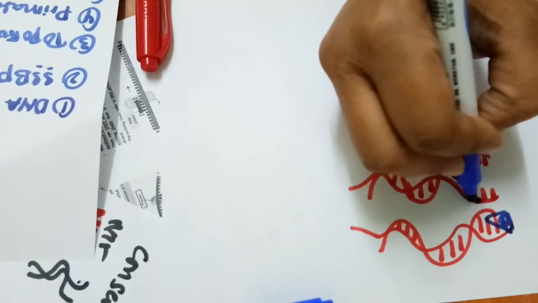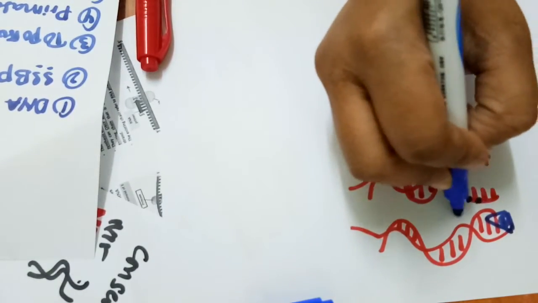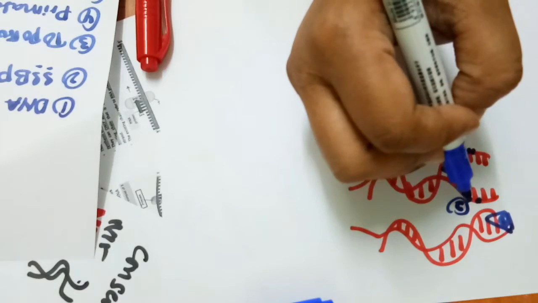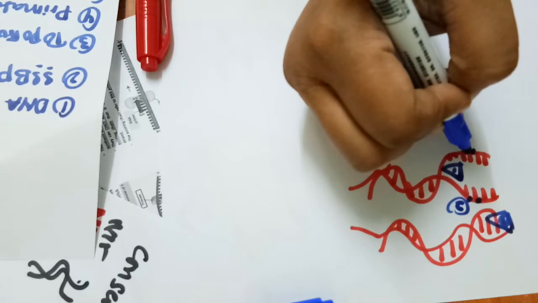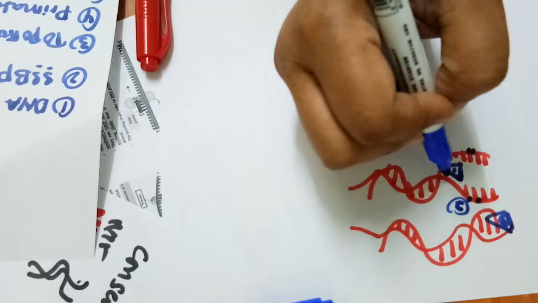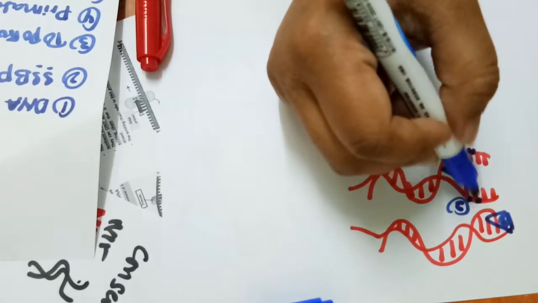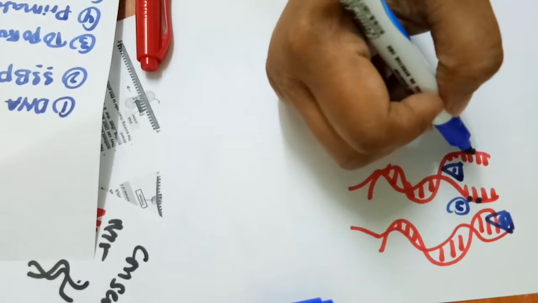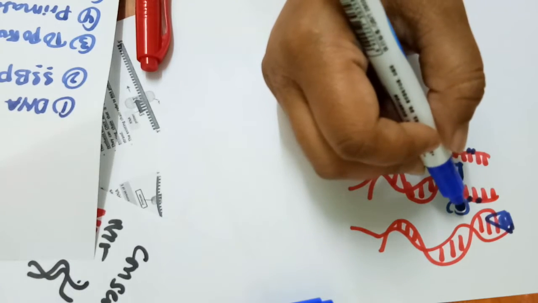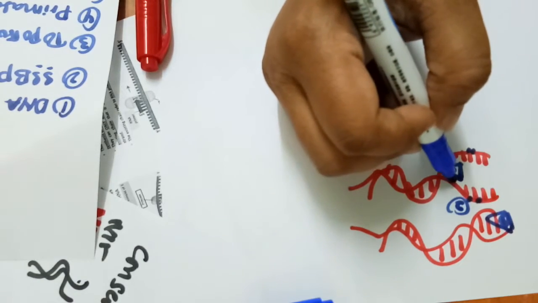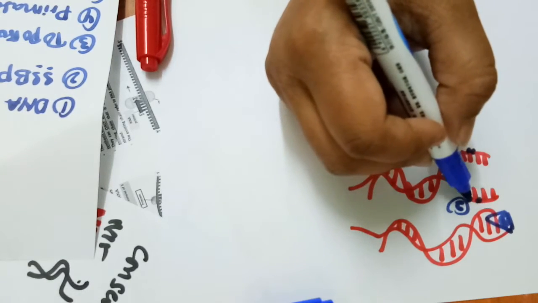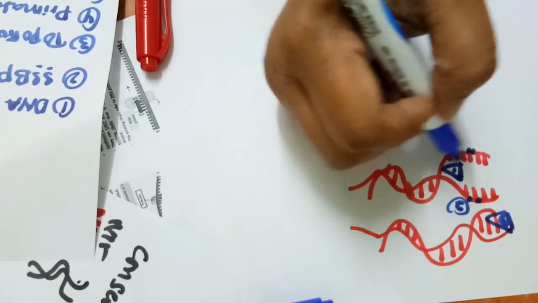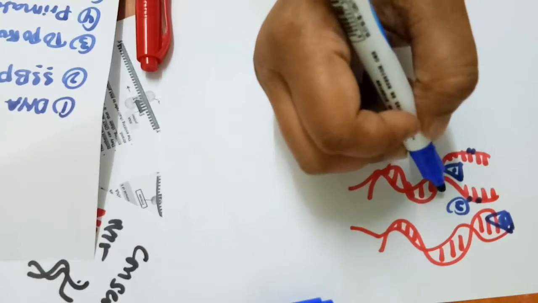They will attach to the single strands of DNA, see number 2, to make sure that these two single strands of DNA do not rejoin again. Once it opens, it is not stabilized, and it is stabilized by the single-stranded binding protein to prevent the single strands of DNA from rejoining or reforming.